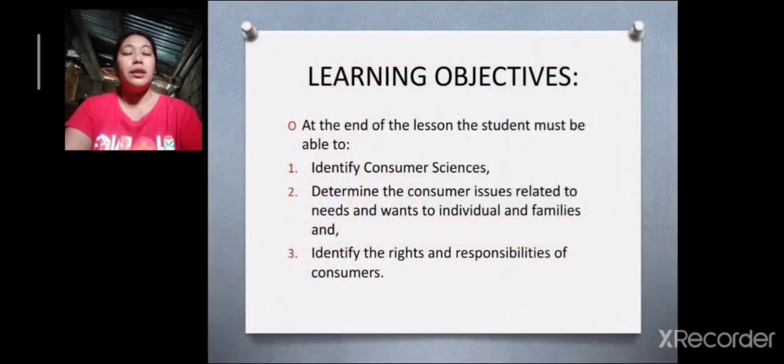Learning objectives. At the end of the lesson, the student must be able to identify consumer sciences, determine the consumer issues related to needs and wants of individuals and families, and identify the rights and responsibilities of consumers.